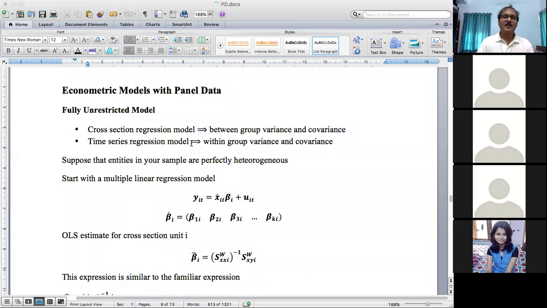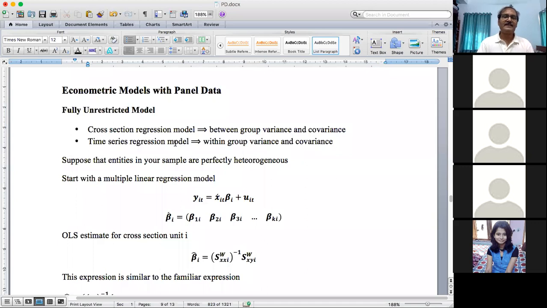Now in a time series model, how do we get a time series model? Think about a particular column. So along a particular column, there is no variation between the cross-section unit. You are considering a particular cross-section unit. So there is no question of variation across the cross-section unit. But here we are considering only the variation over time.